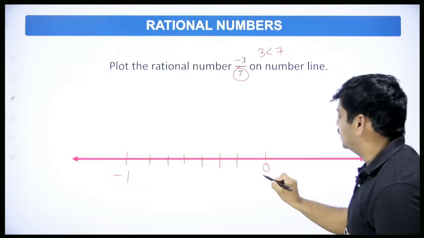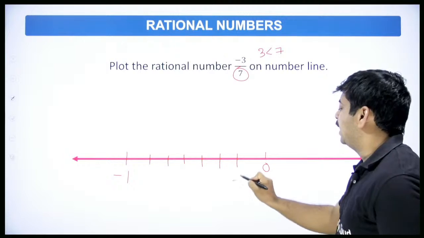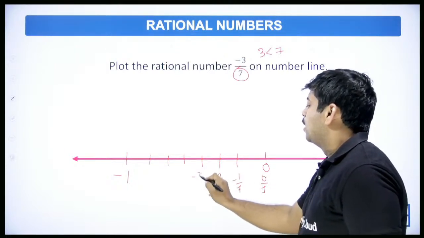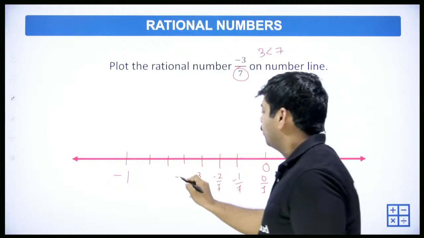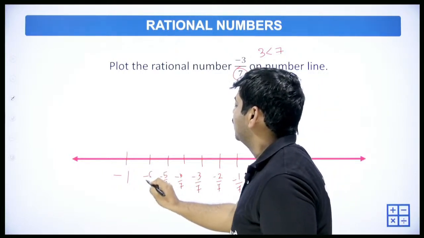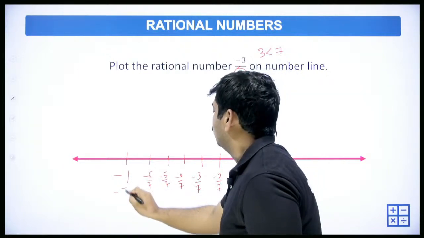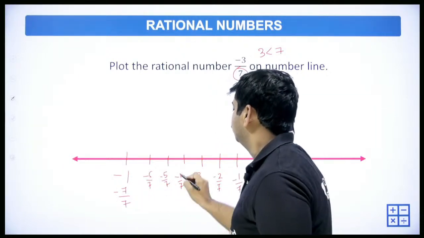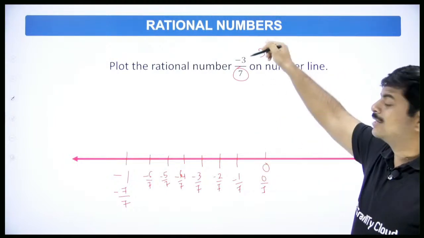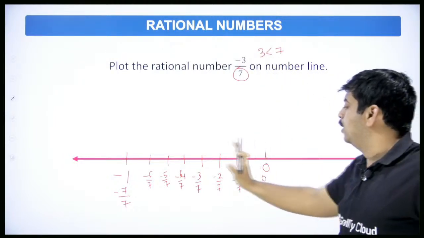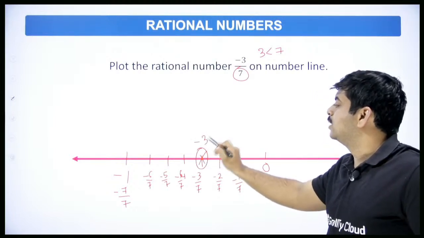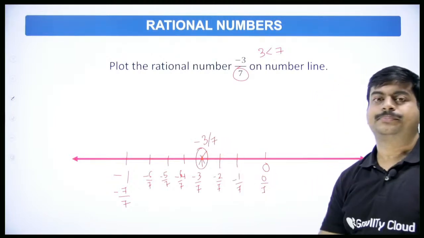This is 0 by 7, this is minus 1 by 7, minus 2 by 7, minus 3 by 7, minus 4 by 7, minus 5 by 7, minus 6 by 7, and the last one is minus 7 by 7, which is minus 1. Now, where is minus 3 by 7? From 0, 3 parts together. So this is the position of minus 3 by 7 on the number line.